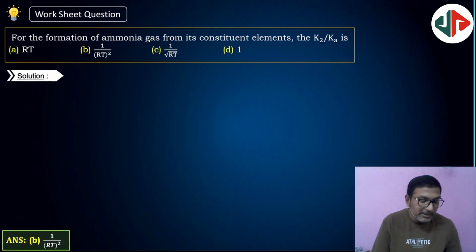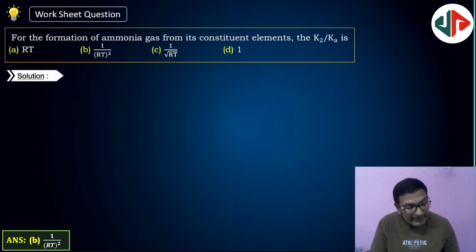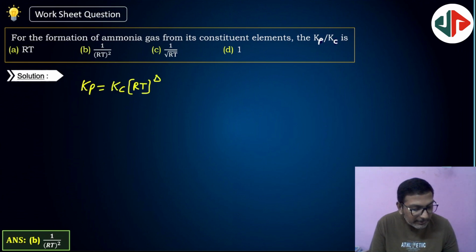For the formation of ammonia gas from its constituents, it should be Kp by Kc. We know the Kp Kc relation. Kp equals Kc into (RT) whole power delta Ng. Formation of ammonia: N2 plus 3H2 reversible with 2NH3.